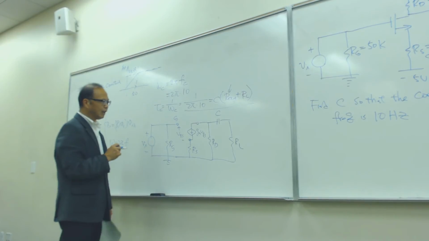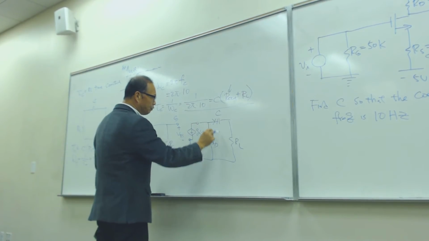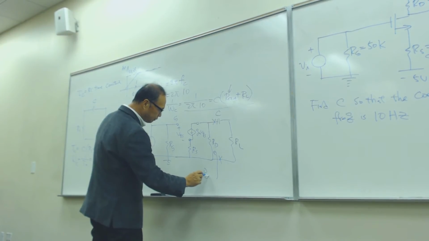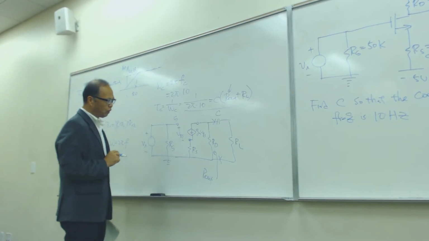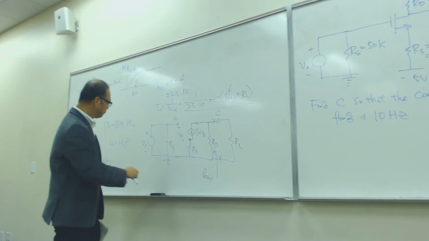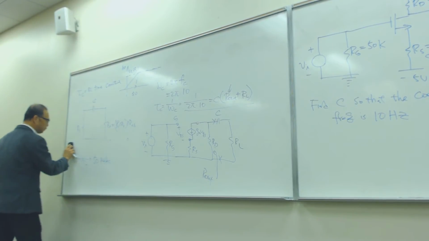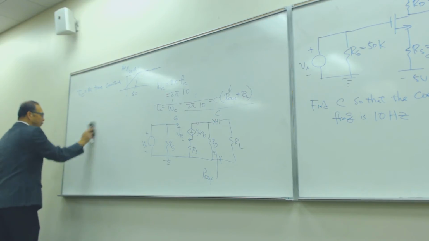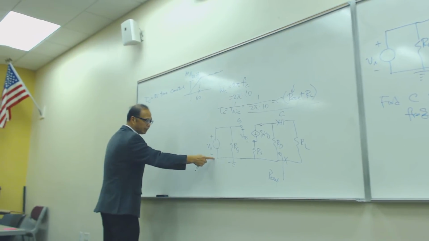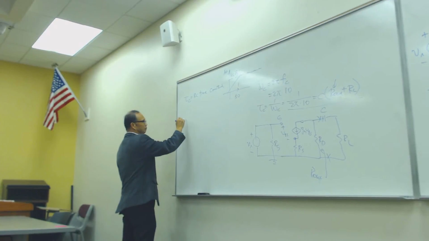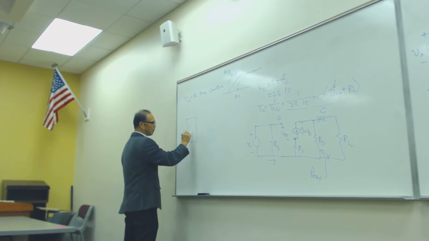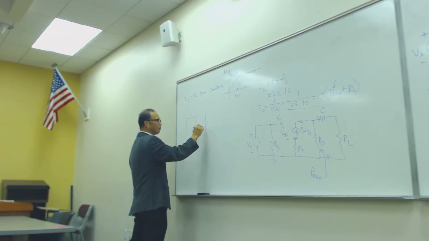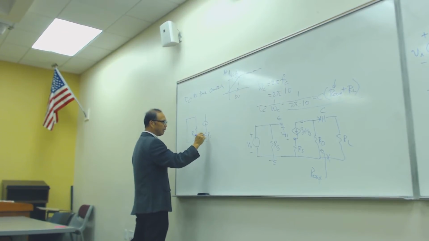Now, what am I looking for, by the way? I'm looking for R out. So what do I have to do? I have to apply a test voltage at the output terminal, and then the input source becomes disabled.